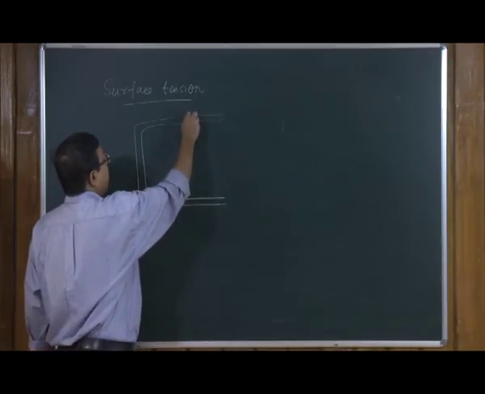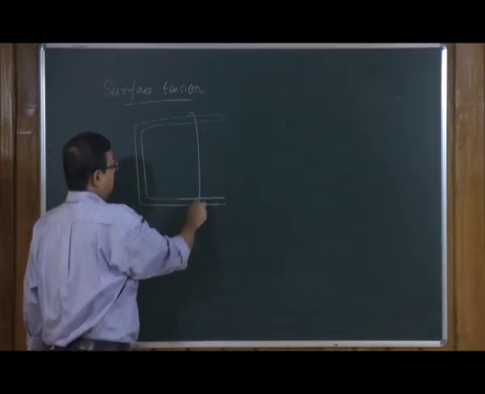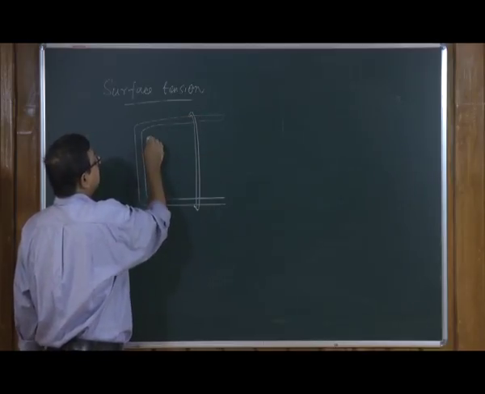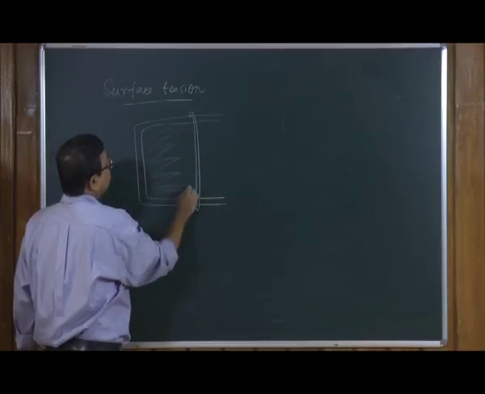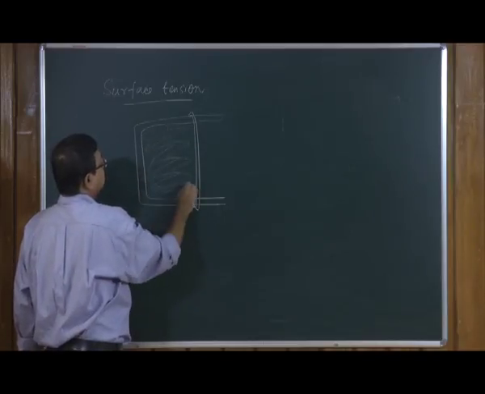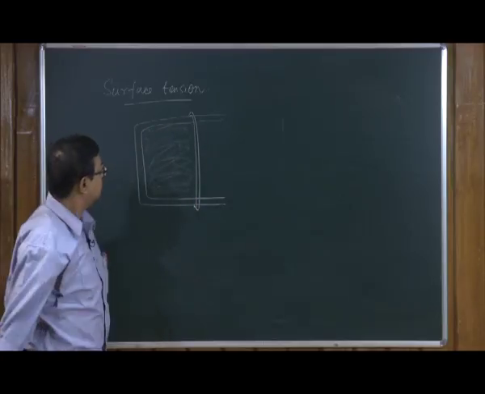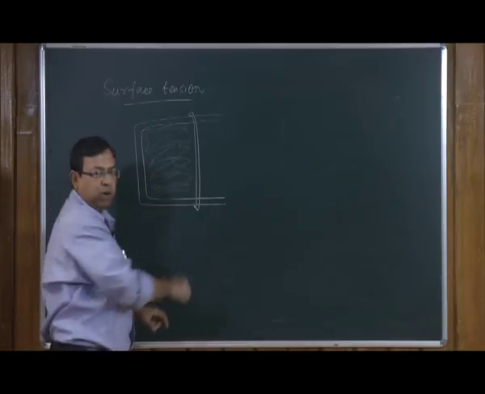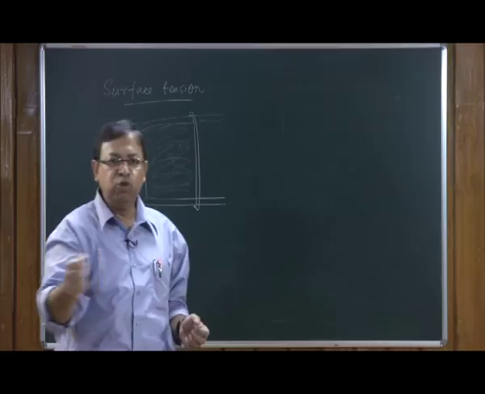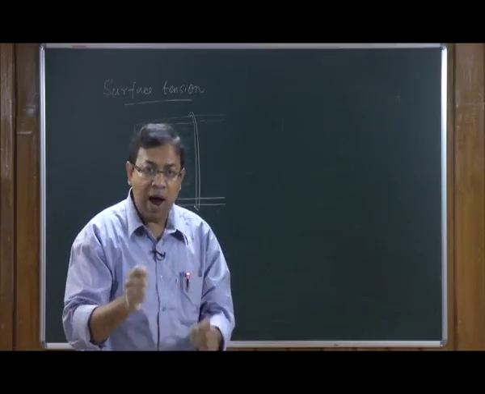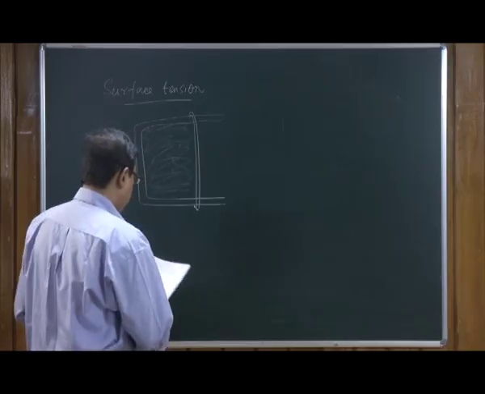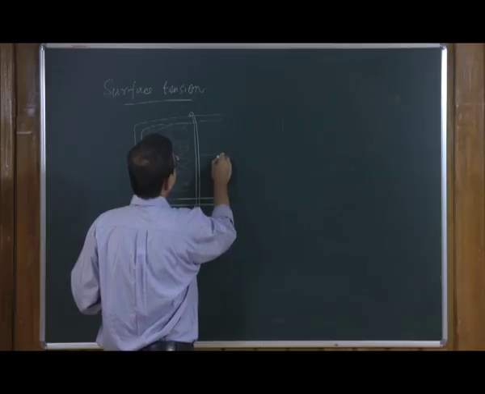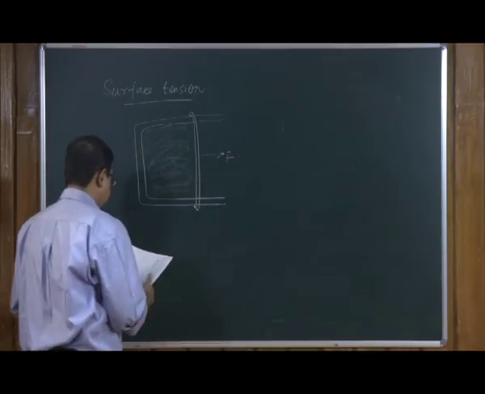This U-shaped tube has a movable rod, say for example, and this movable rod encloses some liquid. So, there is a thin film of liquid that is enclosed by this moving rod, and you require some force in order to pull this rod. To pull this movable rod, you need some force.